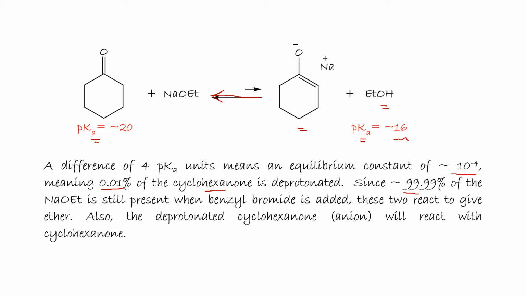So 99.99% of sodium ethoxide is still present in the solution. When we add benzyl bromide, the ethoxide will react with benzyl bromide via Williamson ether synthesis methodology, and we get benzyl ethyl ether as a product. Also, the deprotonated cyclohexanone, with the presence of the enolate in the same solution, will react together.